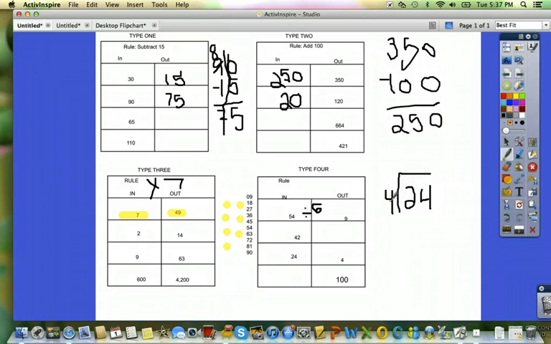What I'm really saying here is 4 times something will equal 24. So if you get scared of division problems, just think of it as an x, like a multiplication. 4 times something equals 24, okay?